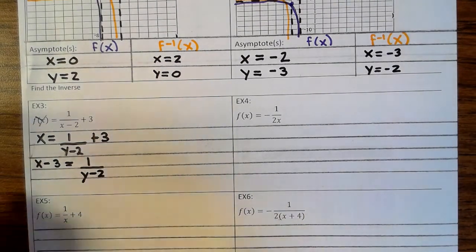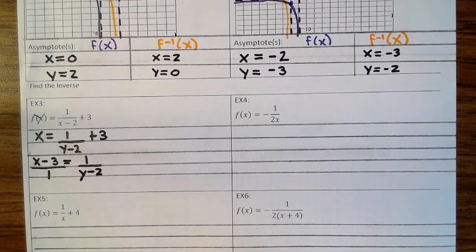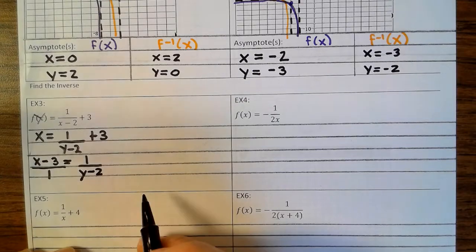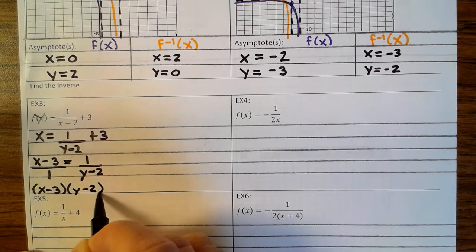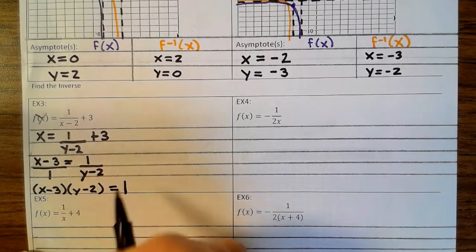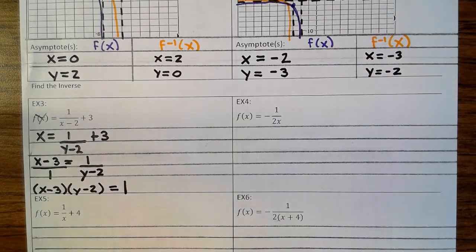Okay, now divide this by 1 so we can cross multiply. So then you get x minus 3 times y minus 2 equals 1. Now we need to divide both sides by x minus 3.